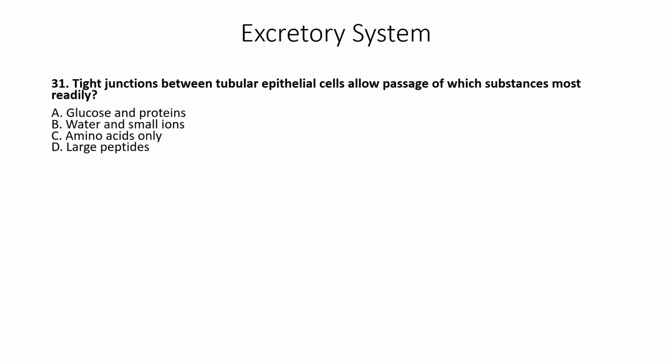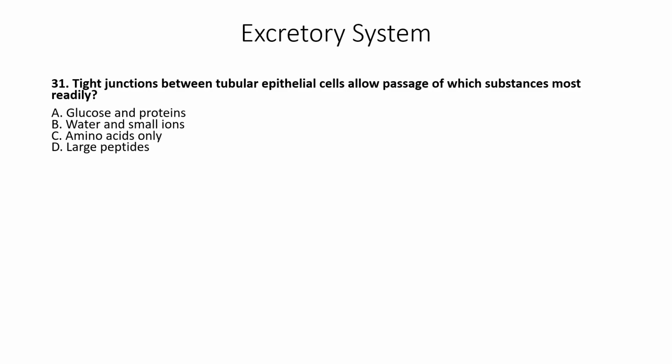So this is like a selective permeability that's there, and this supports bulk reabsorption, and at the same time stops some very important macromolecules like amino acids and glucose and proteins from being lost during the filtration process, right? So the answer here is B option, which is water and small ions.